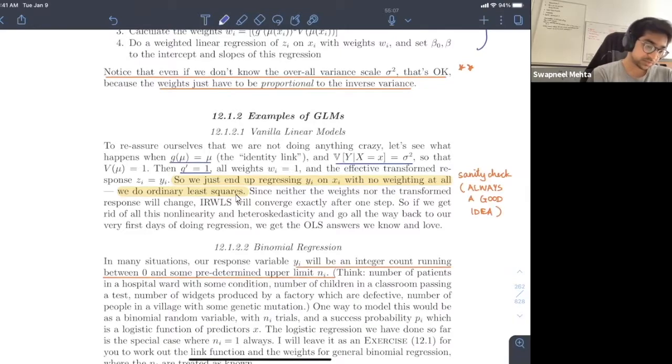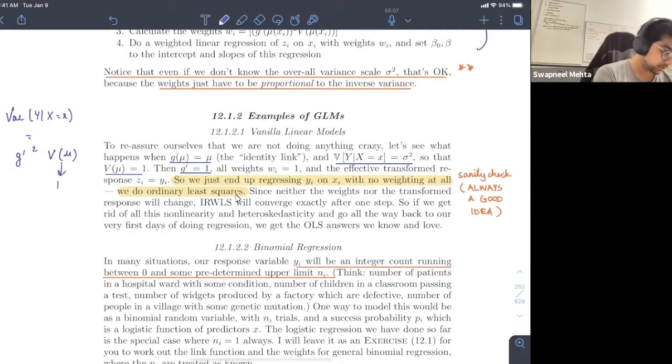Variance of y is equal to sigma square. So v mu ends up being 1. Remember that variance of y given x is equal to g dash square times variance times v. So this is 1, this is 1. Oh, sorry, this is sigma squared.